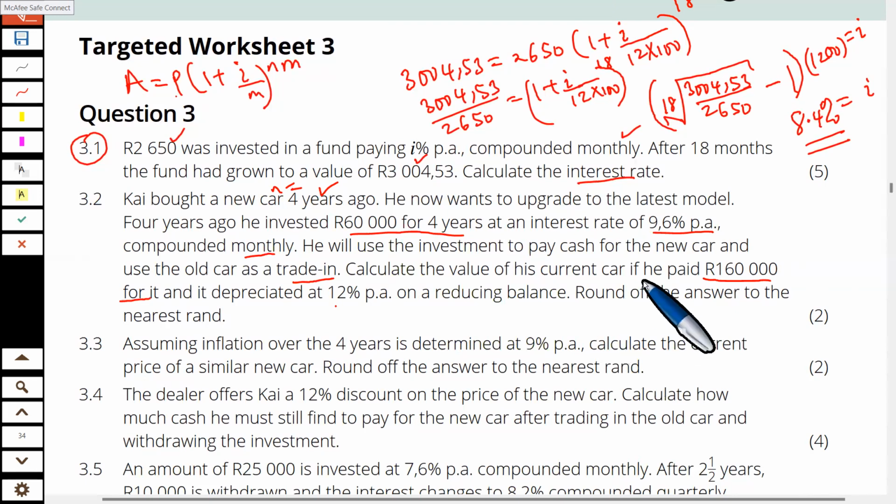To find the value of the current car if it depreciated. He paid 160,000 for it, but it depreciated, so we want to calculate the value of his current car.